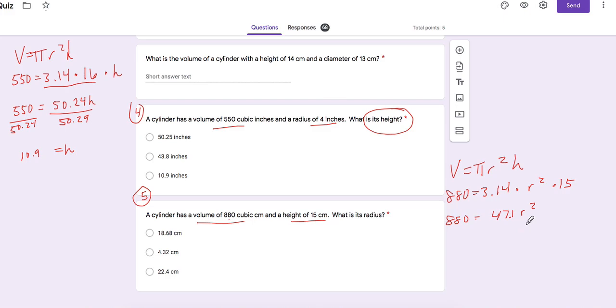Again, I want to get the r squared by itself, so I'm going to divide both sides by 47.1. I'm going to wind up with about 18.68, so 18.68 is equal to r squared. From there, I want to know what the radius is, not r squared. So if I find the square root of r squared, that gives me r. Since I found the square root of the right side, I have to find the square root of the left side. The square root of 18.68 is about 4.32.